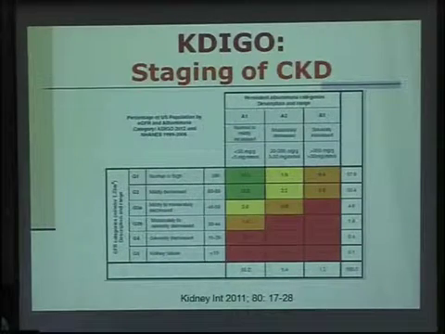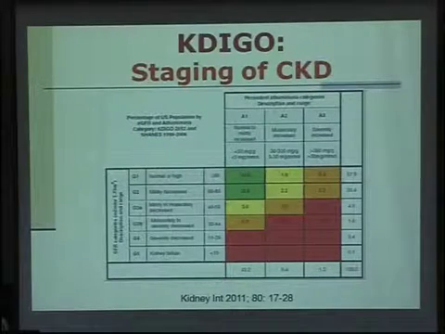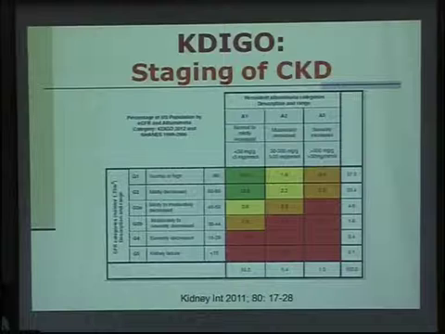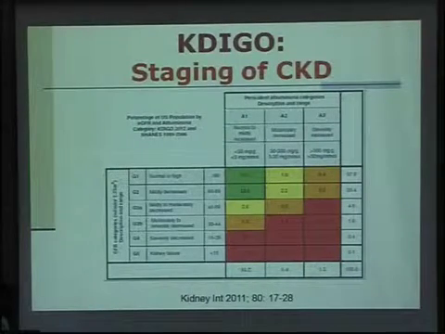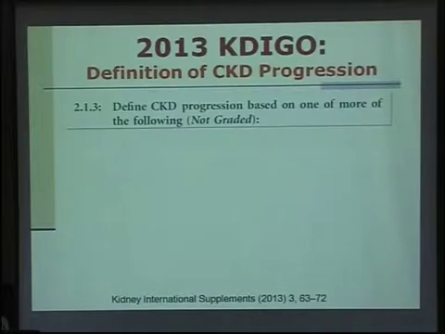Just look at the heat map: green, perfect; red, it is risky. So if you know this patient is risky, you will make an effort to decrease the exposure to another insult, to another hit. This is our strategy.